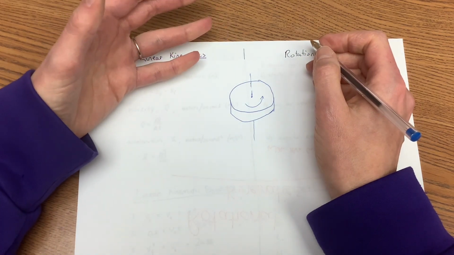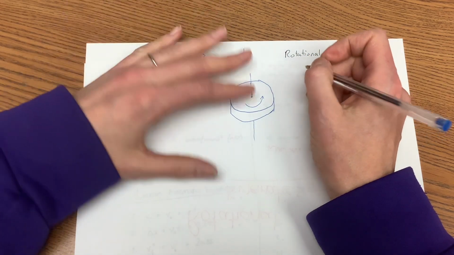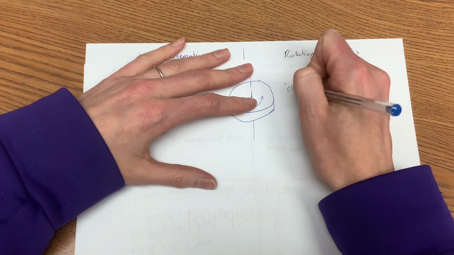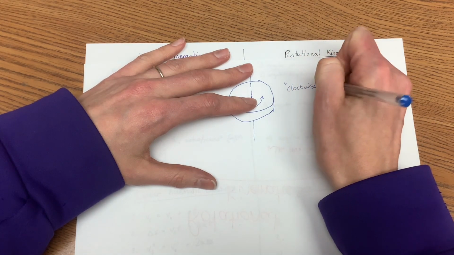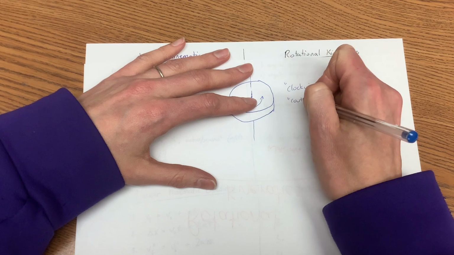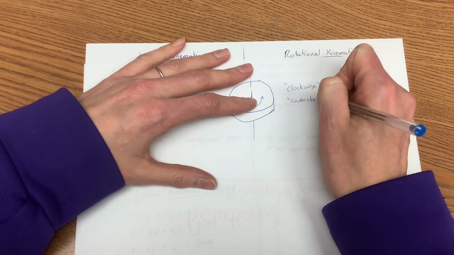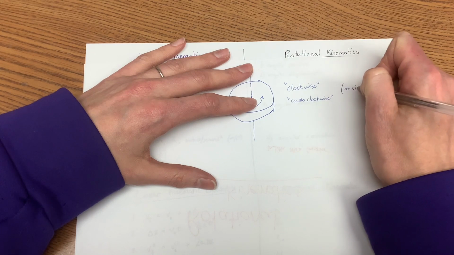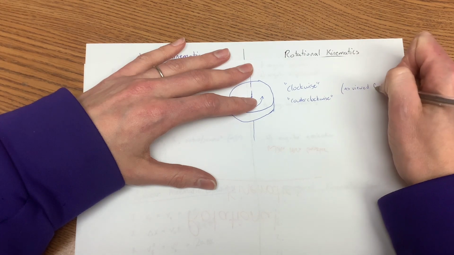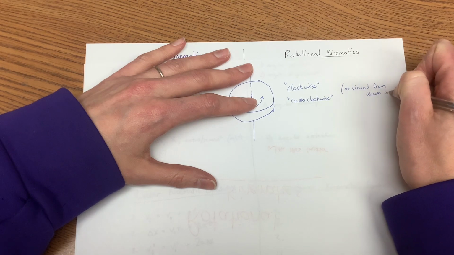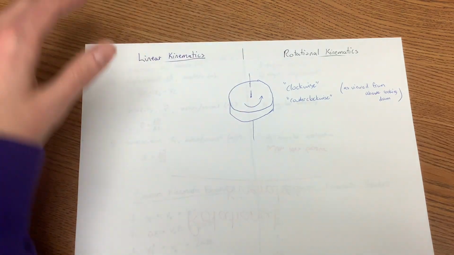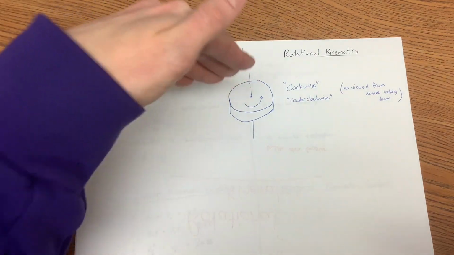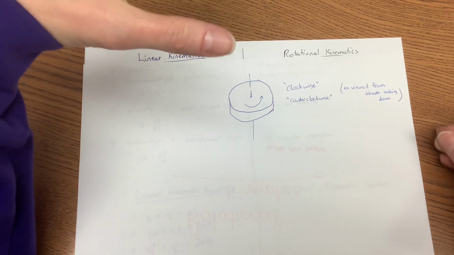Usually when we describe the direction it's rotating, we use words like clockwise or counterclockwise, usually as viewed from above, so we're looking down at the object that is doing the rotating.